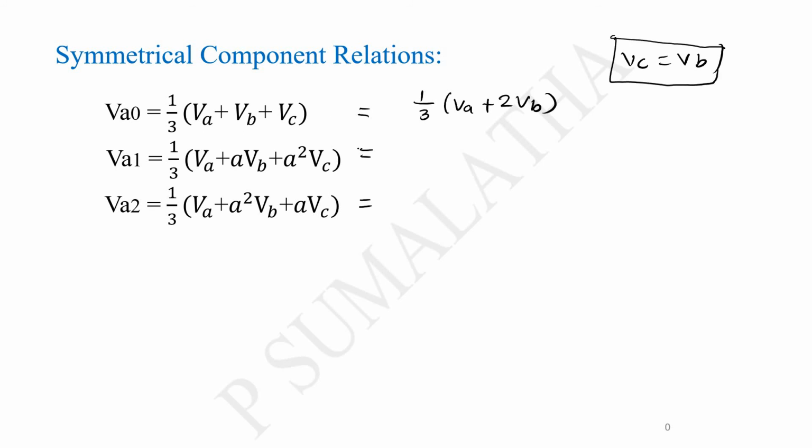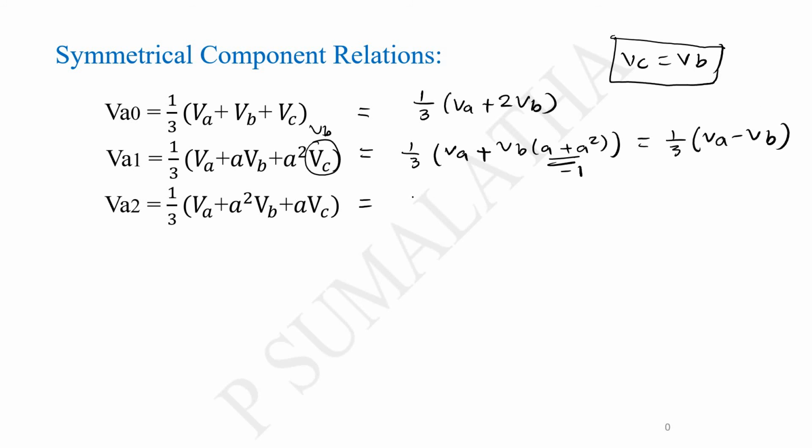Now the second condition, VA1 is equal to 1 by 3 times VA plus, again VC is equal to VB, so you can take VB common, which is A plus A square. We know A plus A square is equal to minus 1. That can be represented as 1 by 3 times VA minus VB. Similarly, if you simplify, you will get VA2 also as 1 by 3 times VA minus VB.